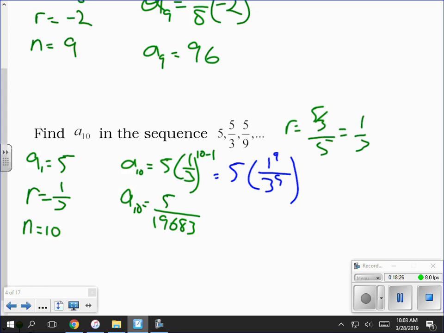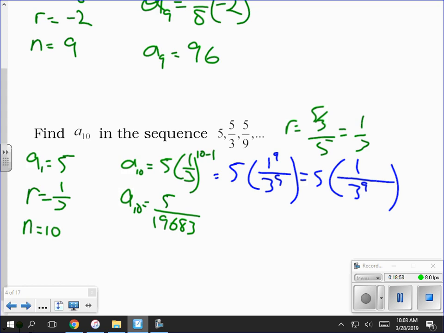It's the numerator over the denominator, which gives me 5 times 1 over 3 to the 9th. And your calculator will do 3 to the 9th, and you'll get 19,683. If your calculator freaks out because it's really big and says, I'm not doing a fraction, we're doing a decimal, this is what you can do.